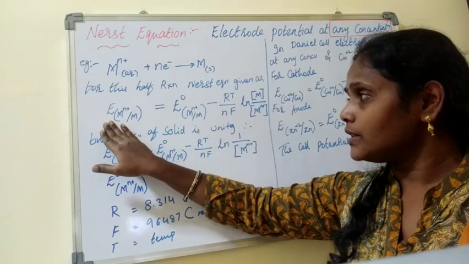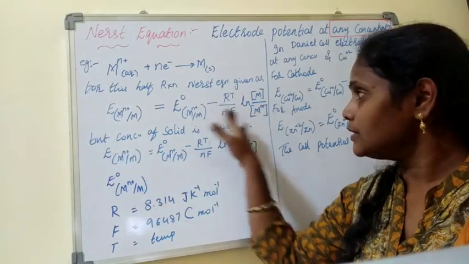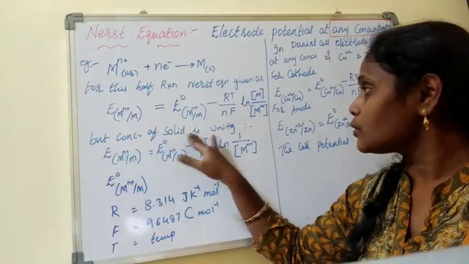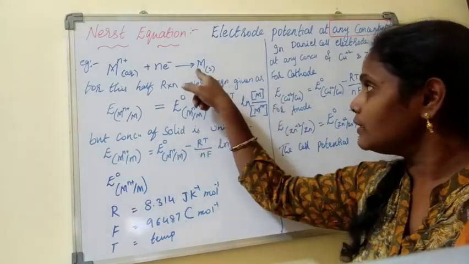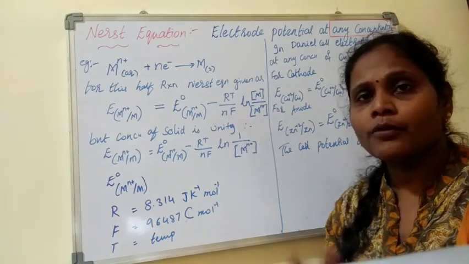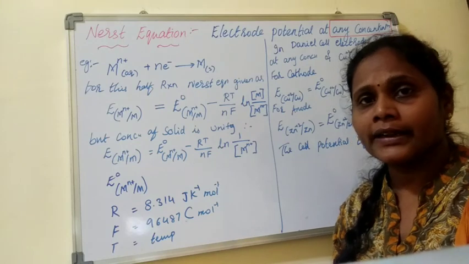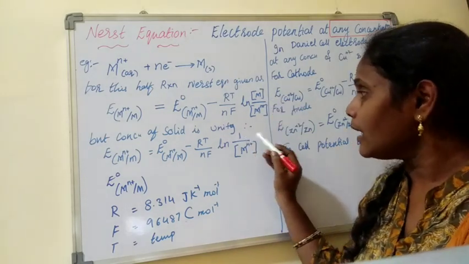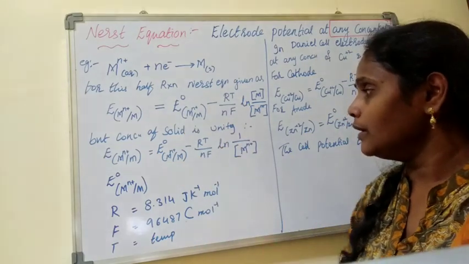For this half reaction Nernst has given this equation. But the concentration of the solid metal can be taken as 1; we won't consider the concentration of solids, right? So if we remove the metal, our above reaction can be like this.